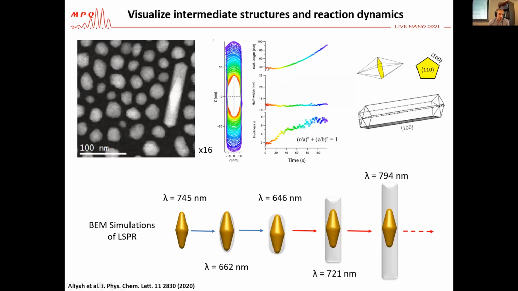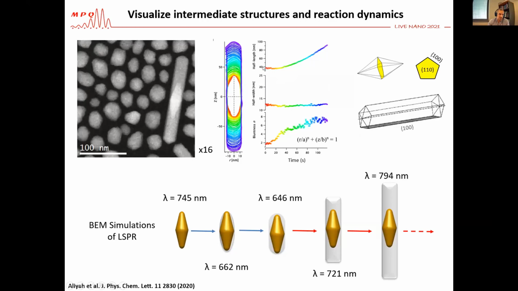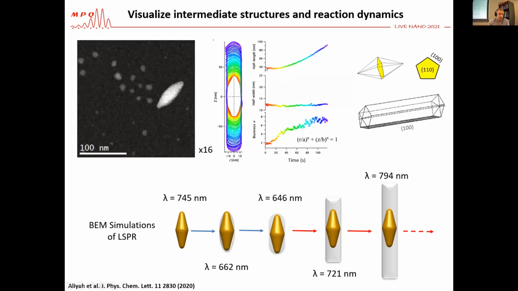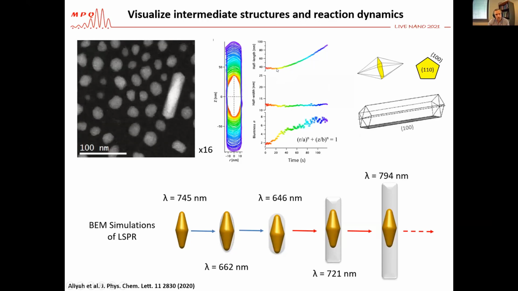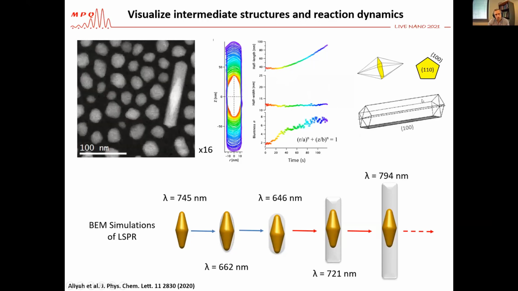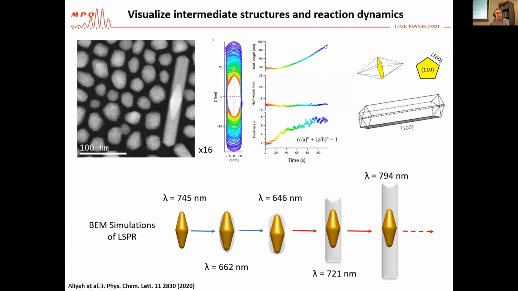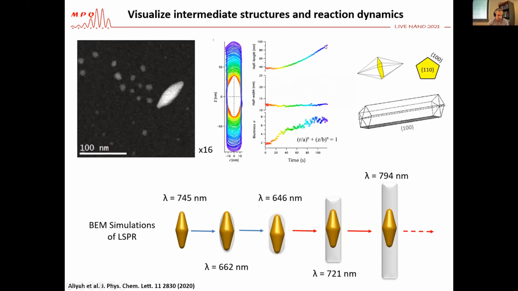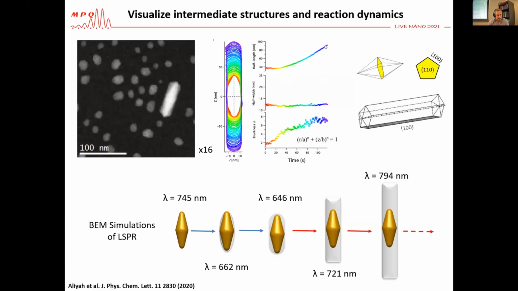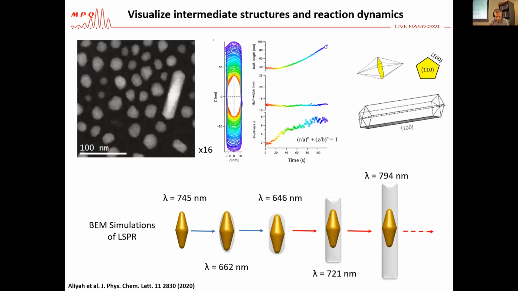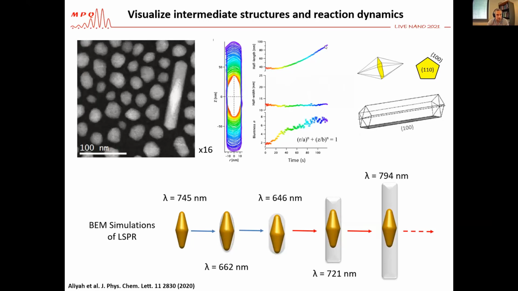During this time, at the early stage of the growth process, the length of the nanorod does not increase. And once you have transformed the bipyramid into a nanorod, you start observing the growth and the elongation of this nanorod.